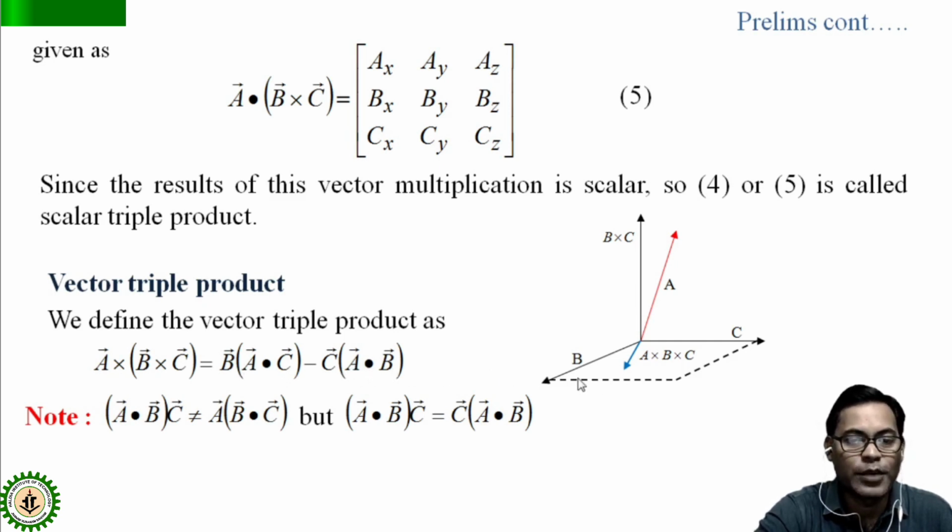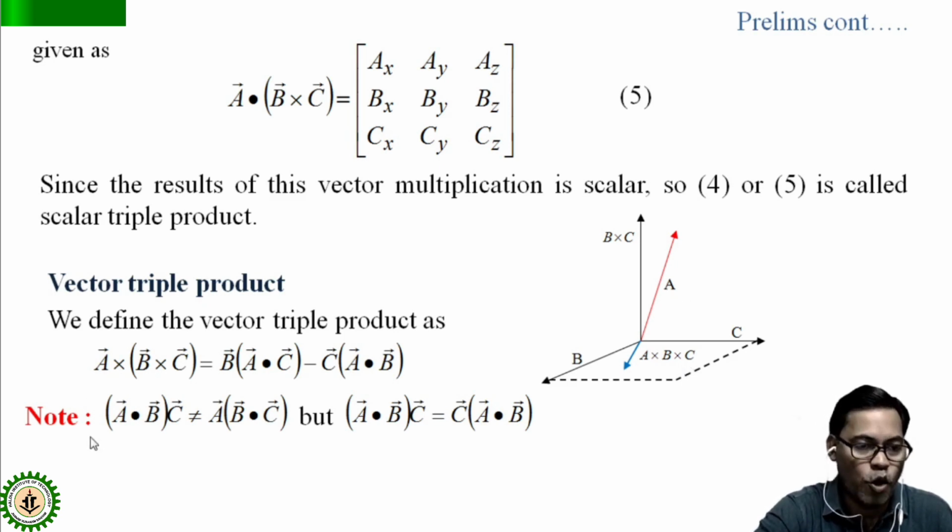Here you can see that b and c are given. If we find b cross c, its direction will be along the z direction. Now this b cross c is a vector. So if we find the cross product of a and this b cross c, the vector a cross b cross c which we get is perpendicular to both b cross c and a.